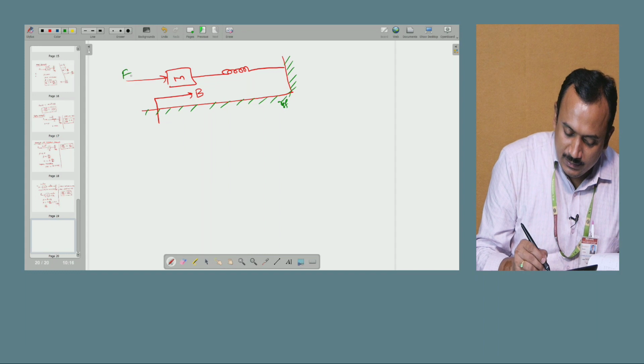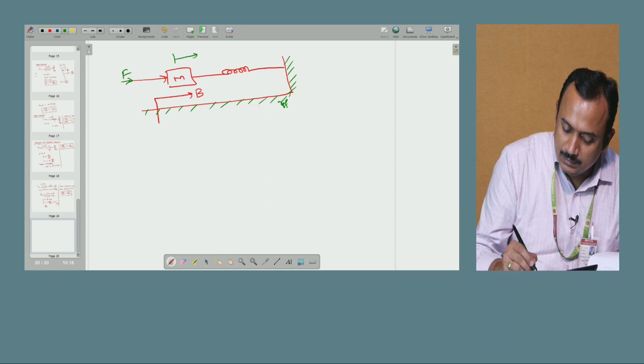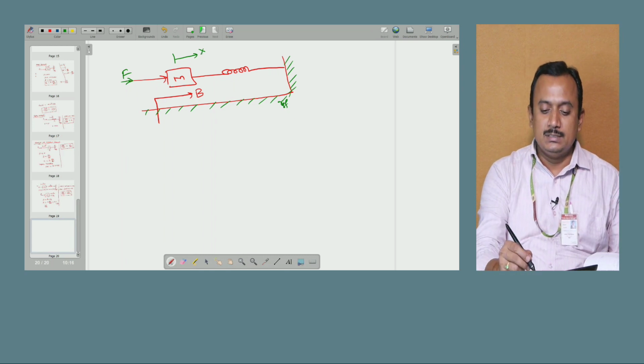The input is F, we are applying the force, and the distance which we will consider as the output is x.